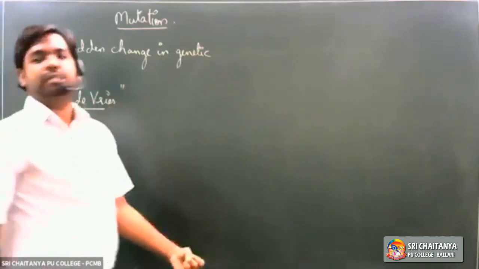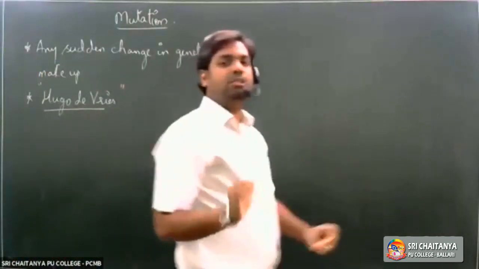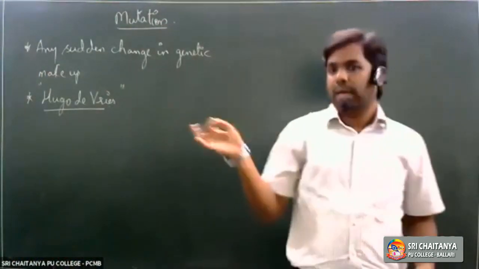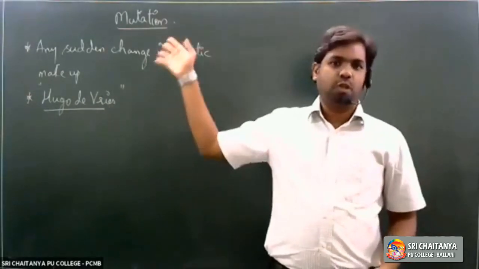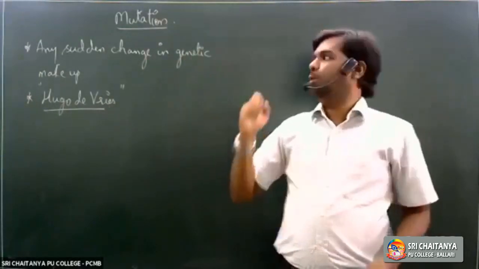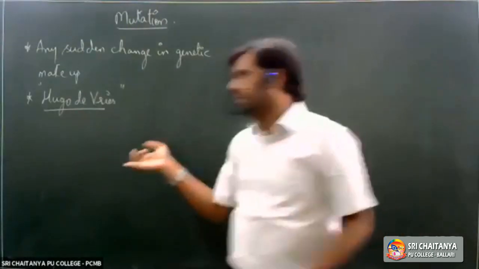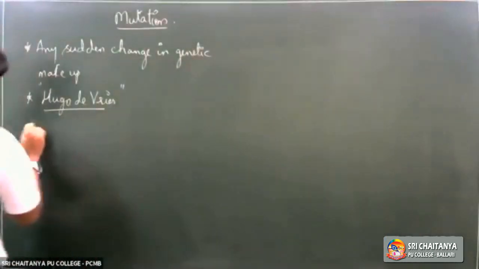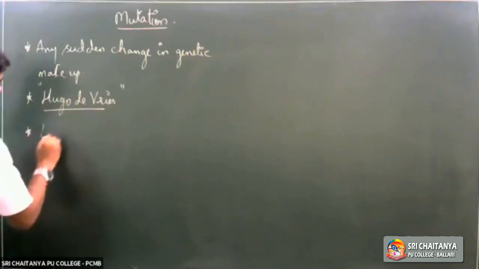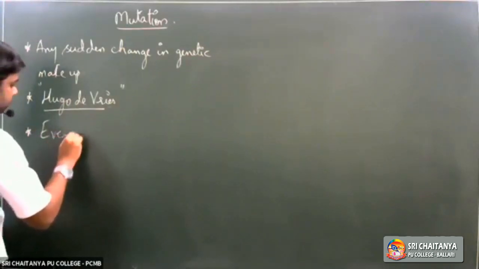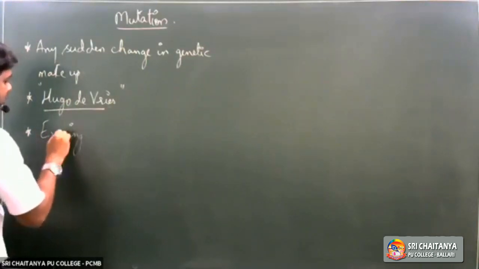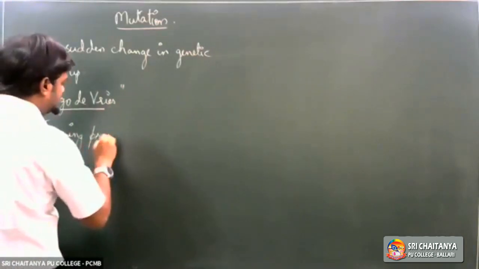So what exactly is mutation all about? Any sudden change in the genetic makeup, we call a mutation. This concept was first put forth by Hugo de Vries while working on a plant called evening prime rose.